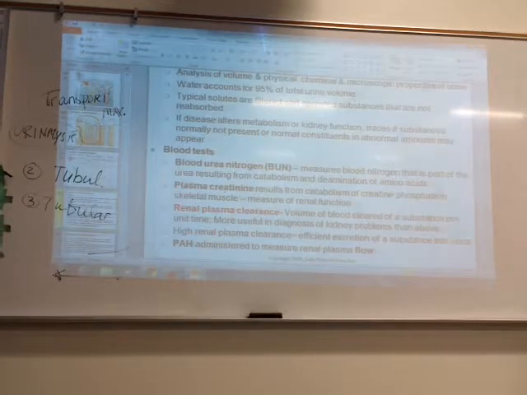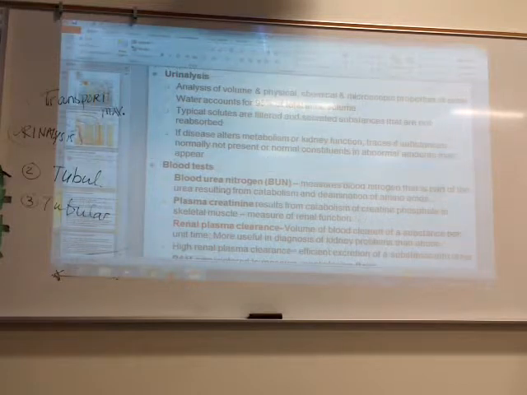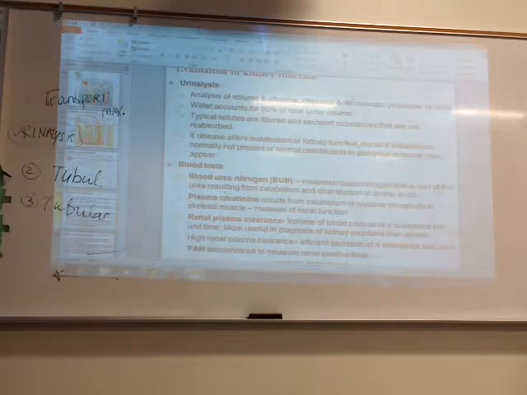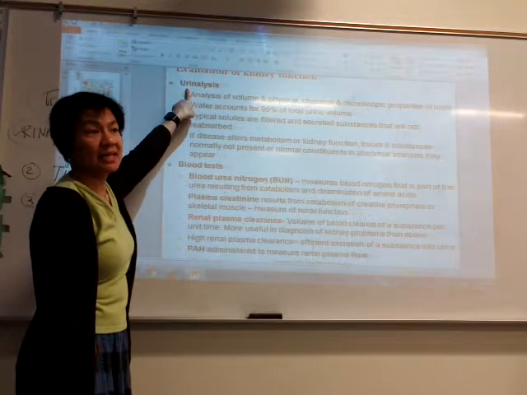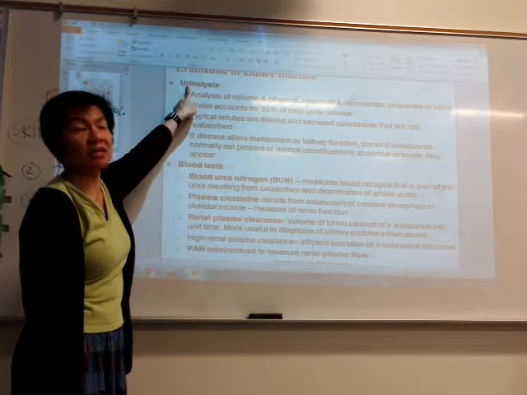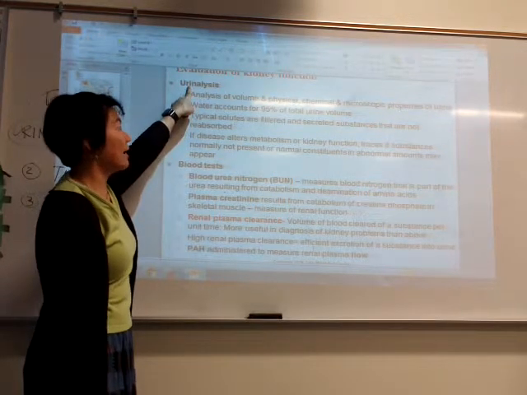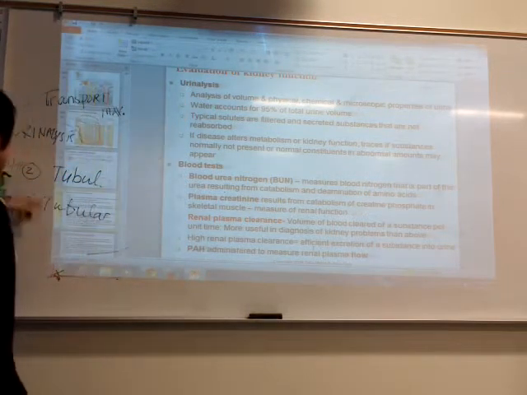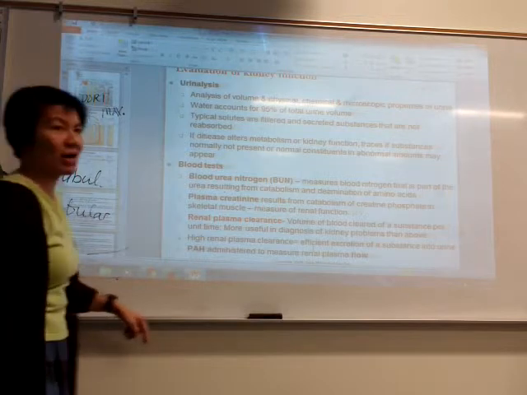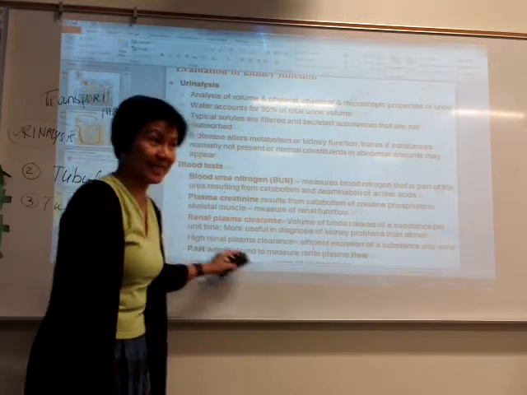So, how do you evaluate kidney function? The most basic way to evaluate kidney function is by urinalysis. So what does urinalysis monitor or evaluate? The function of your kidneys. Slide number 71. The function of your kidneys.